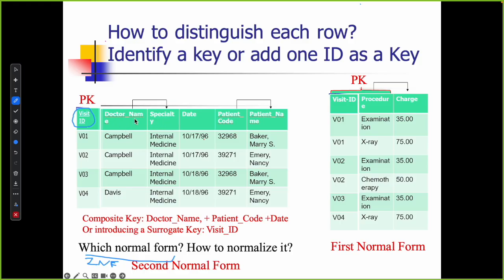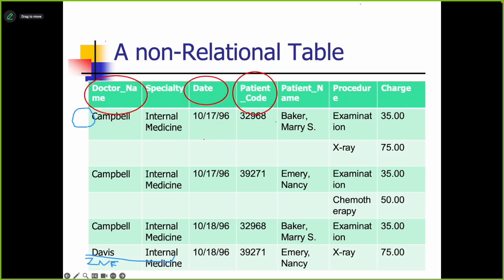Now, the dependency between doctor name and specialty, or patient code and patient name, in the previous slide, these dependencies were partial, and the reason is because doctor name was part of the primary key there, or patient code was part of the primary key there. So these were partial dependencies, which violate 2NF, and that's why that table is not in 2NF.